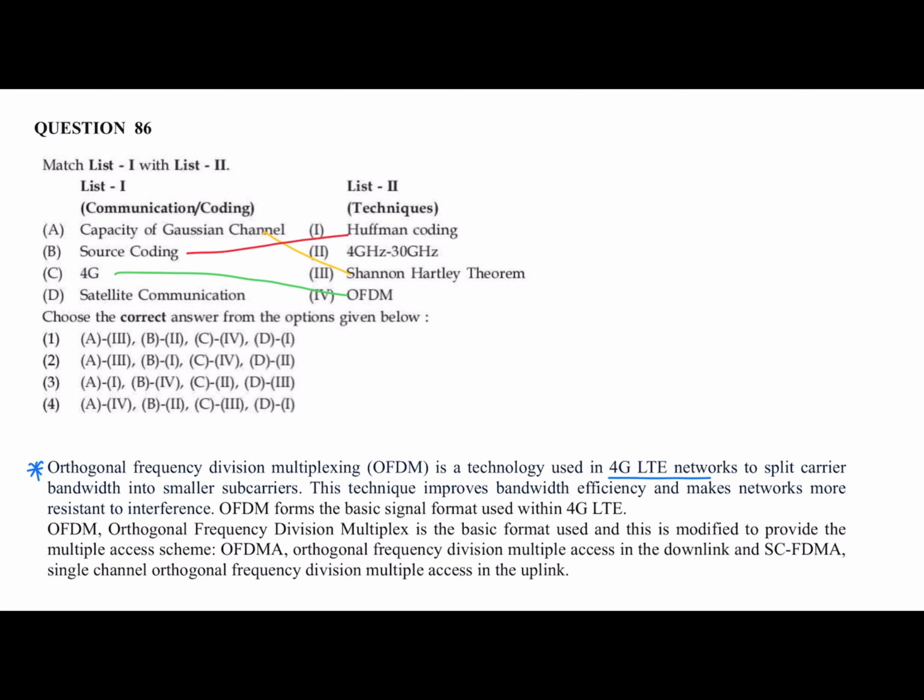Satellite communication uses frequency in gigahertz, that is from 4 gigahertz to 30 gigahertz. So correct option is A3, B1, C4, D2. Correct option is 2.